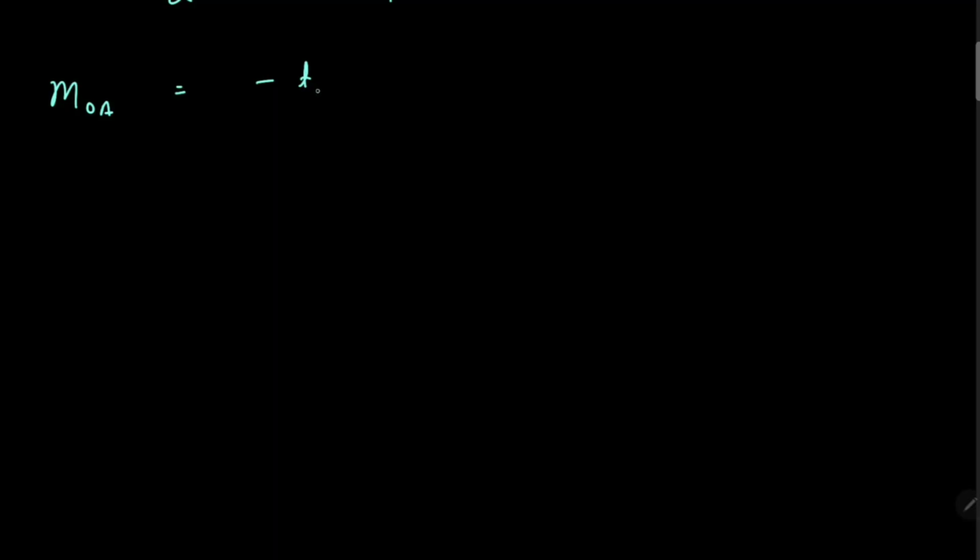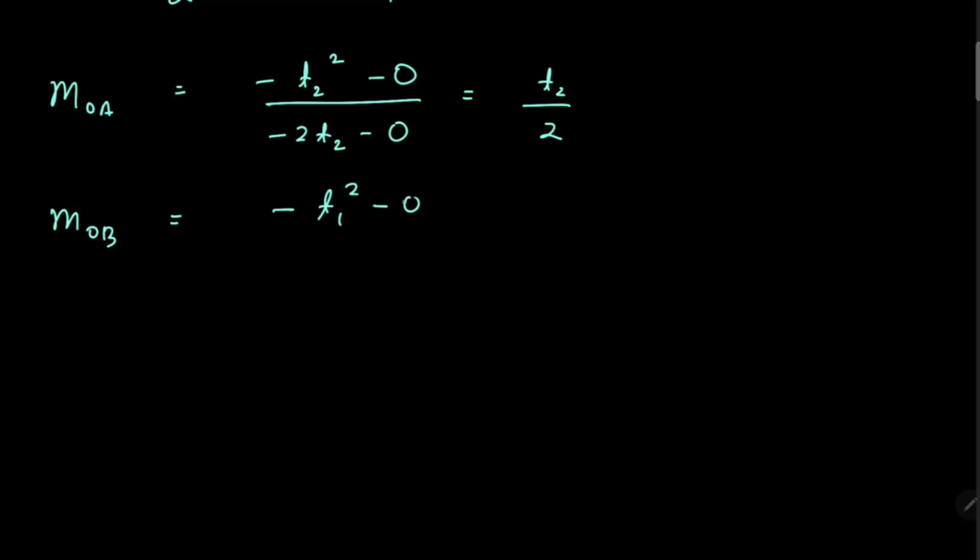Let's calculate the slope of OA. By the formula y2 minus y1 upon x2 minus x1, we get t2 upon 2. Similarly, the slope of OB. Again, applying the formula, we will get minus t1 upon 2.